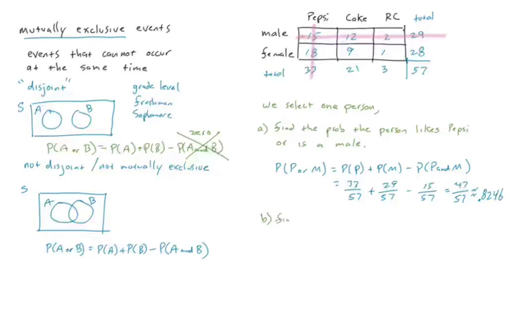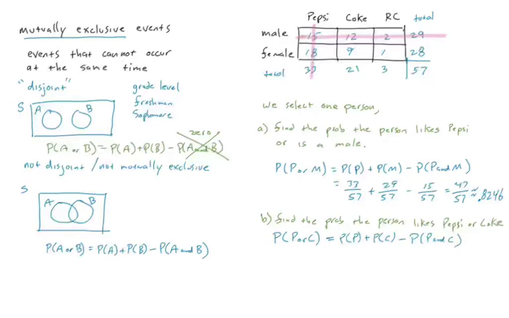So let's look at another example here. Let's find a probability that a person likes Pepsi or Coke. And so we're still doing the OR case here. We're going to do the same idea. We're going to do those who like Pepsi plus those who like Coke and then minus any overlap here.